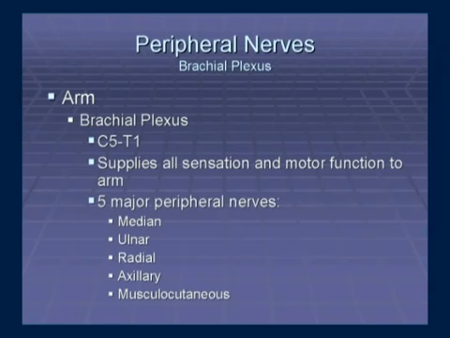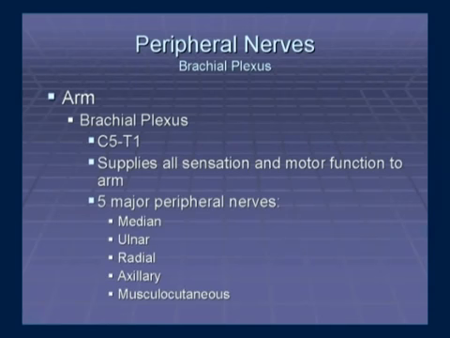So we talked about the nerve roots, the spinal nerve, the rami. Now the next level down, if we're moving distally from the medial part out, is the plexus. In the arm you have something called the brachial plexus. In the leg you have something called the lumbosacral plexus. This is in the arm made up of the anterior primary rami of C5 to T1, which is C5, 6, 7, 8, and T1.